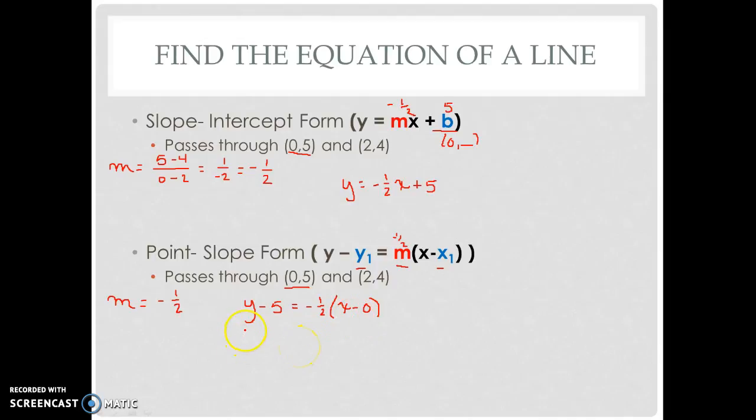So going one step at a time here, simplifying, we have y minus 5 is equal to, well, x minus 0 is just simply x, so we have negative 1/2 times x.